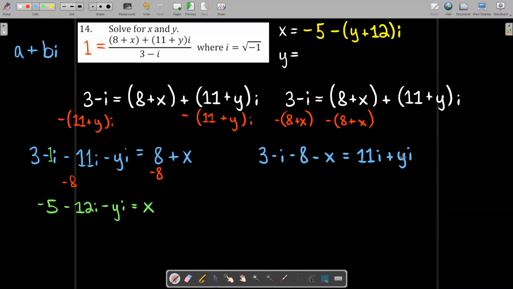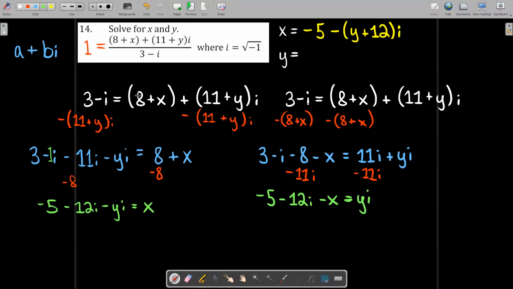All right, and now to get the y by itself, I have to subtract the 11i. I will go ahead and combine my like terms while I'm at it. So the 3 minus the 8 is -5 again. The negative i and the negative 11i is -12i again. Minus x equals yi.